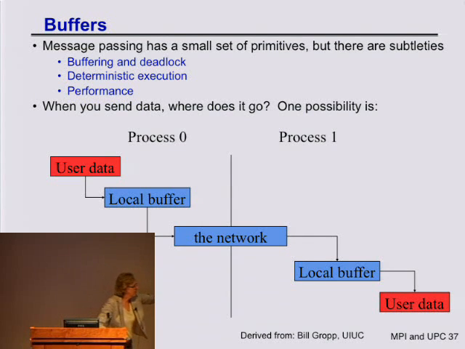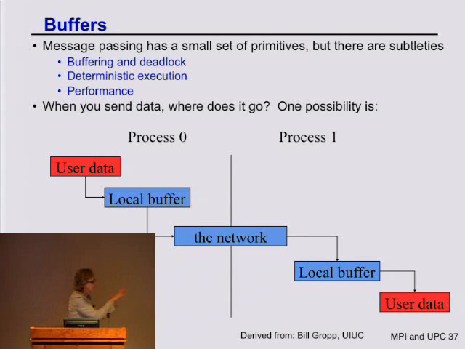That will at some point go into the network and get picked up on the other side and put into a buffer. And then when the user on the other side says receive, it will be pulled out of the local buffer and put into the data. Now there are a bunch of points in that description at which, what processor is making sure that that happens? What processor is making sure that the local buffer goes into the network, or the data in the network comes out and goes into the local buffer?